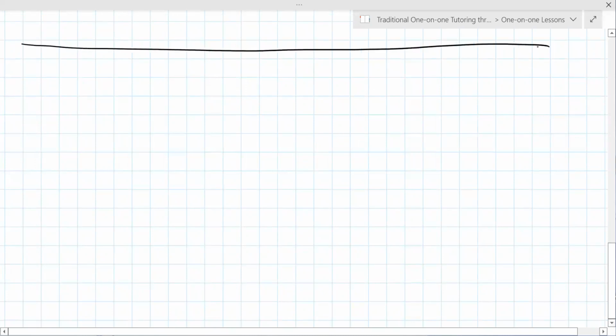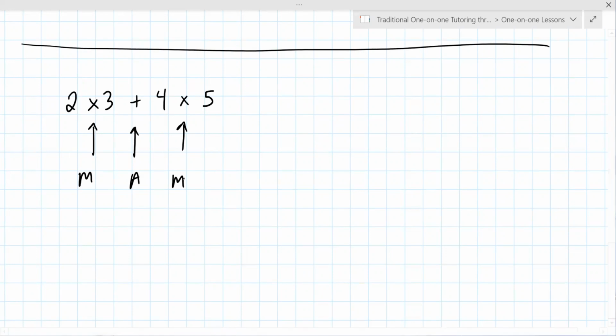Okay. So now let's try a different type of problem altogether. So 2 times 3 plus 4 times 5. Now, when you look at this problem, there's multiplication, addition, and multiplication. Which comes first? Do you multiply or do you add first? We multiply first. Yes.